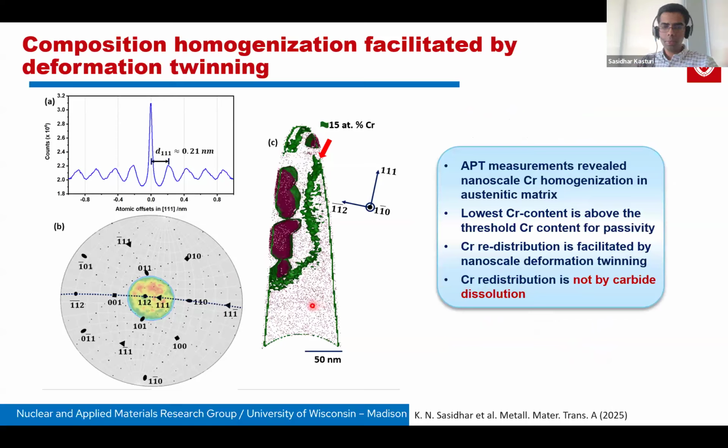The redistribution is most likely being facilitated by deformation twinning. That was the take home message for us from all of this work. We had both electron microscopy and atom probe tomography working together to help us answer crucial, fundamental questions related to the process and the phenomena.